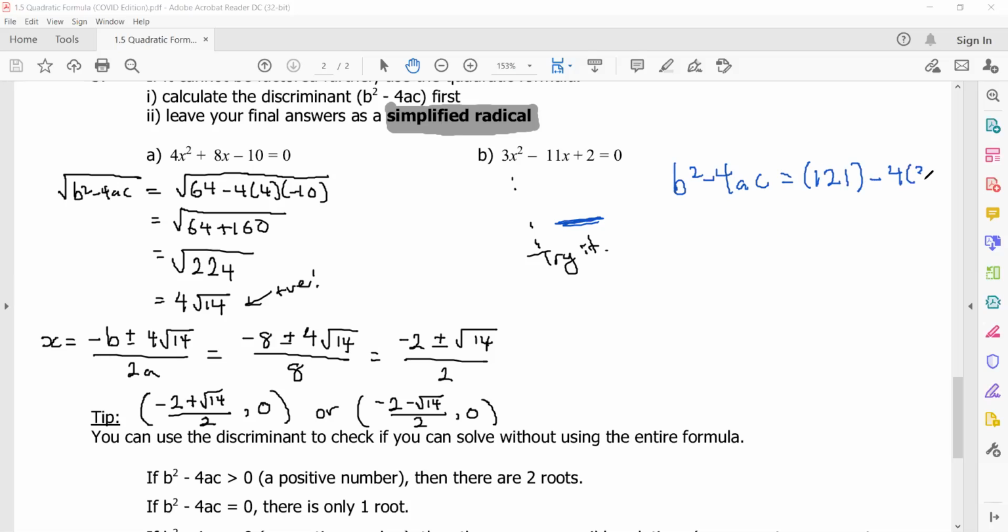Minus 4 times a times c, so we have 121 minus 24. The answer to the discriminant is 97. It's a positive number, so there are two solutions. Okay? Let's try that.